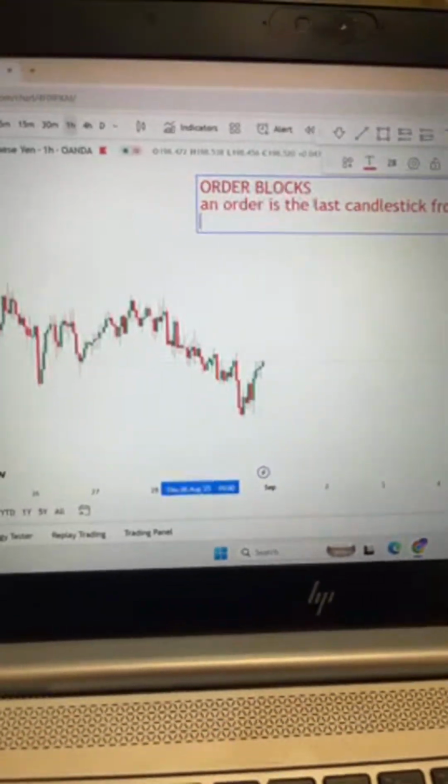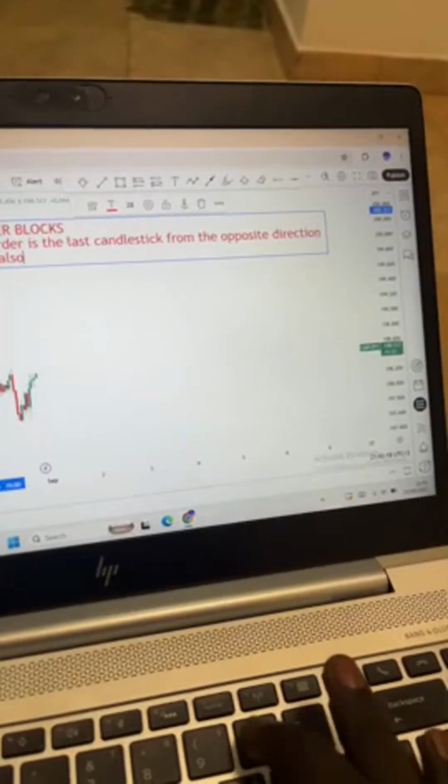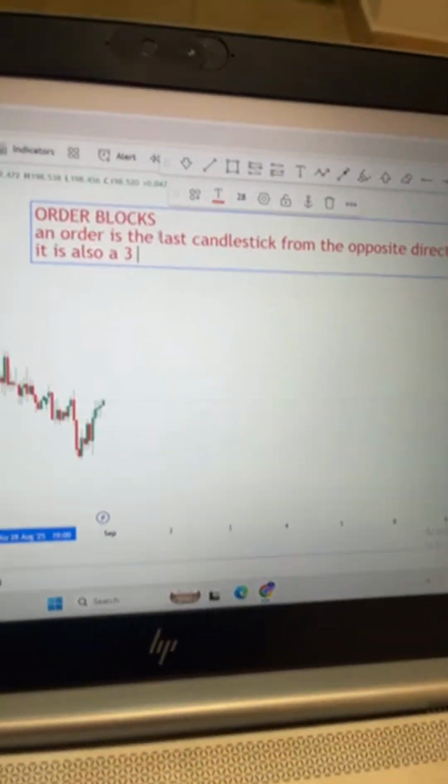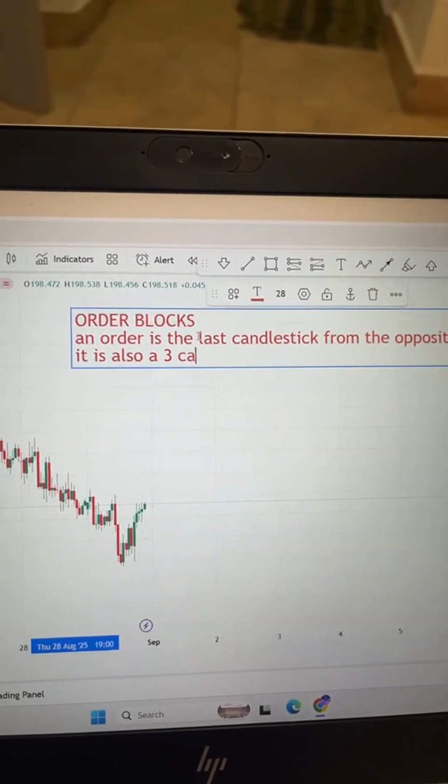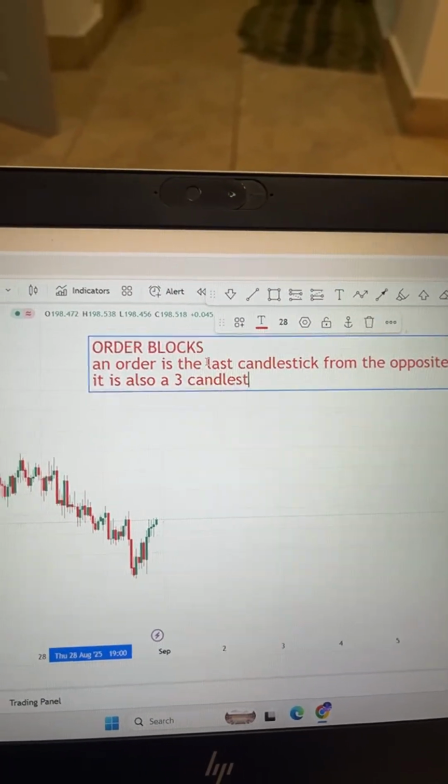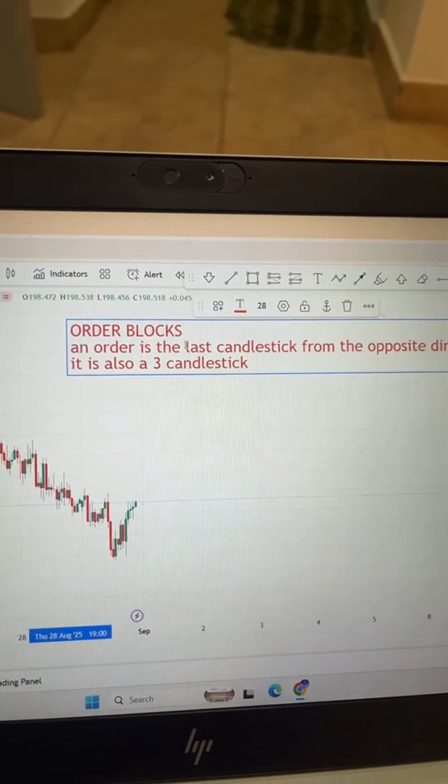Let us write here: an order block is the last candlestick from the opposite direction, and it is also a 3 candlestick formation.